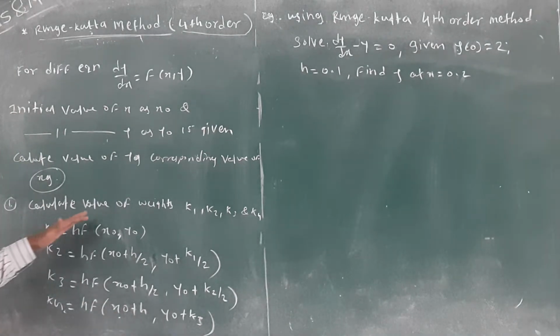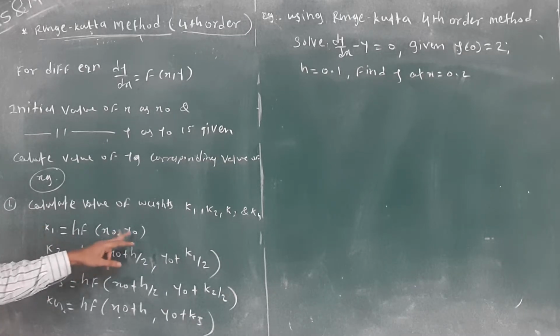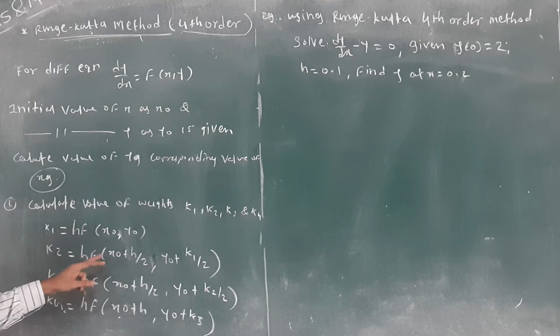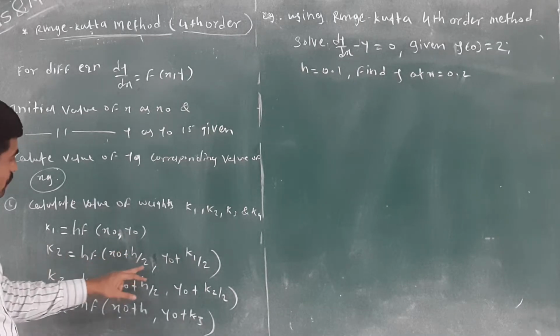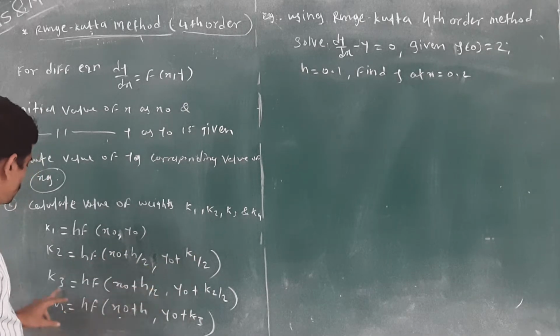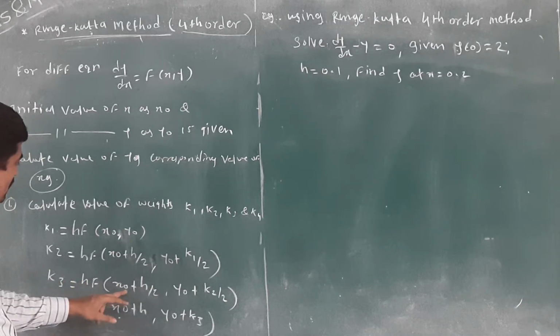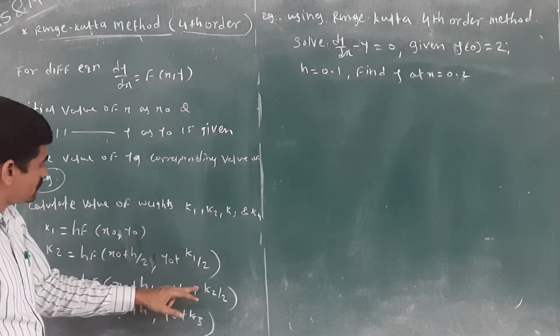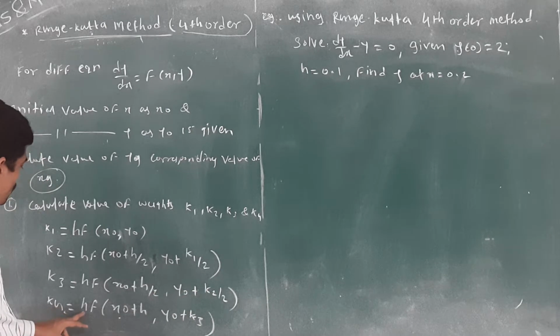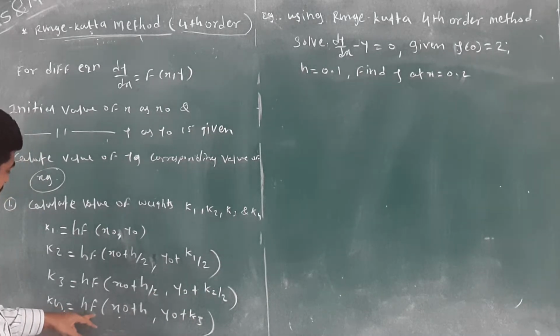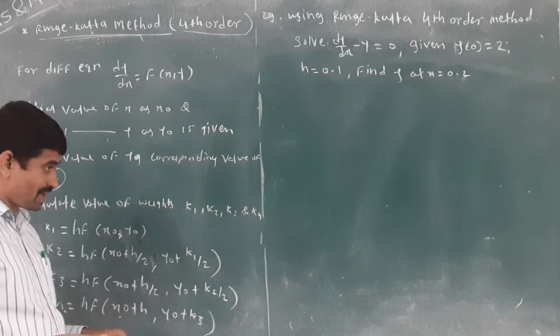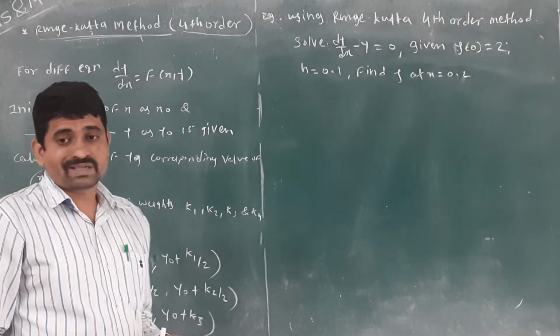You have four weights, so you should remember how to calculate the value of those four weights. K1 is equal to h f(x0, y0), k2 is equal to h f(x0 plus h by 2, y0 plus k1 by 2), k3 is equal to h f(x0 plus h by 2, y0 plus k2 by 2), and k4 last is h f(x0 plus h, y0 plus k3).